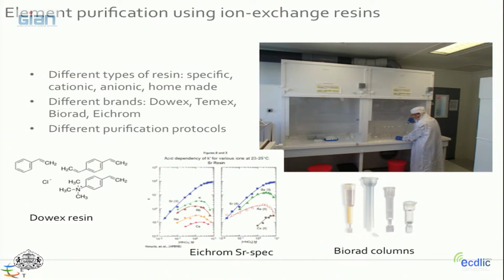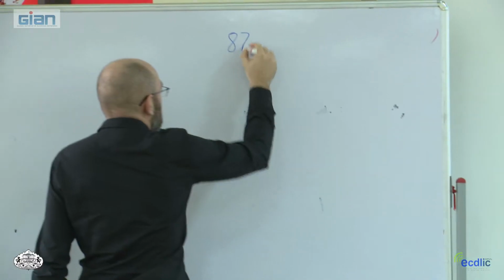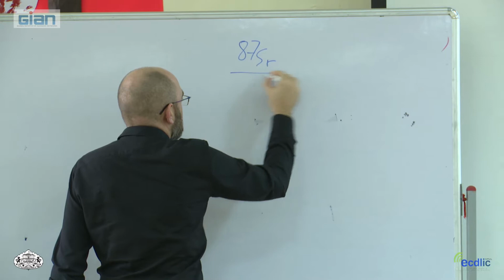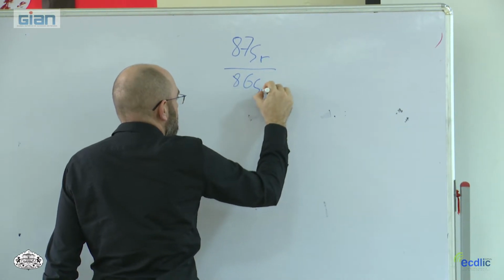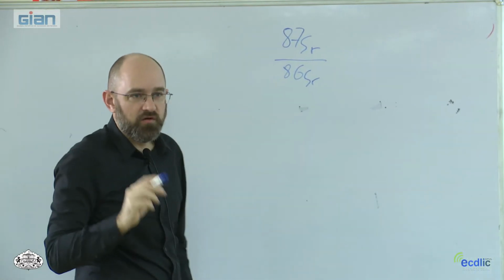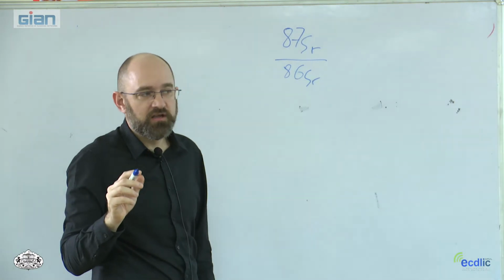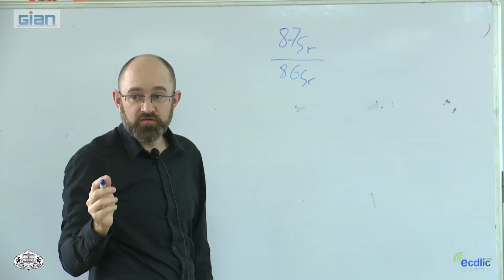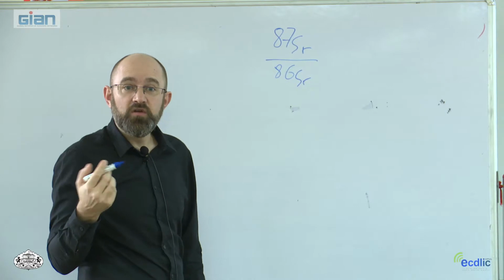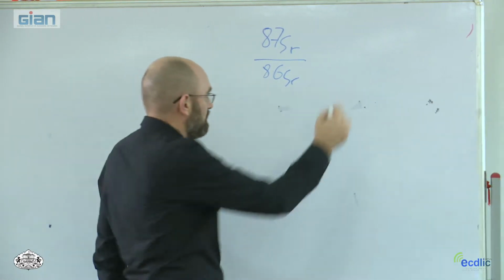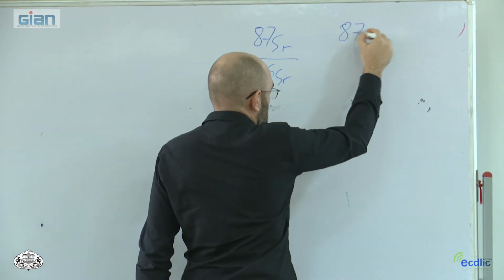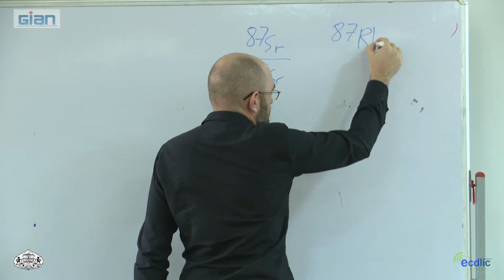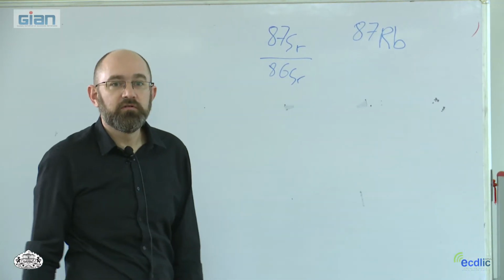But typically, for strontium, you are measuring 87 strontium on 86 strontium. 87 is a mass. A mass spectrometer is measuring a mass. If you are not separating strontium from the other elements, you may have 87 rubidium in your solution.